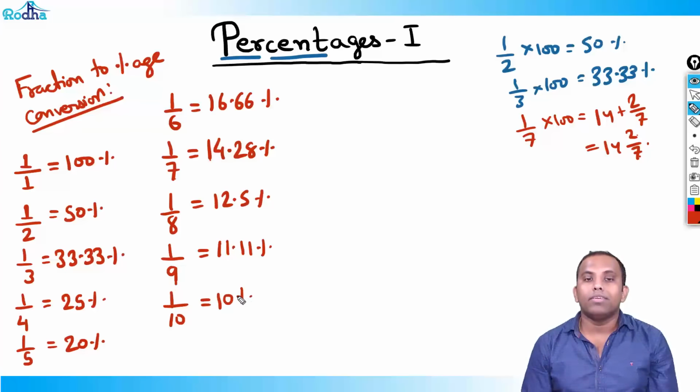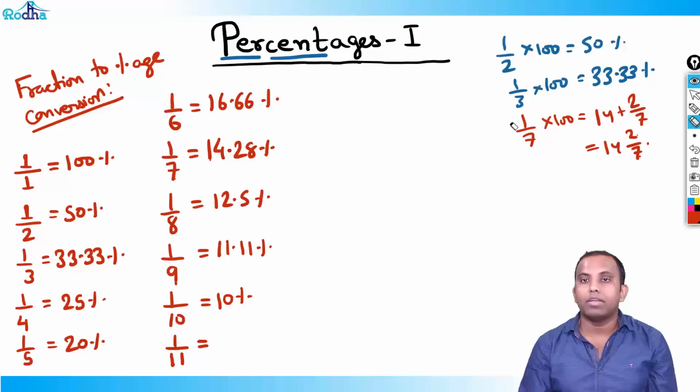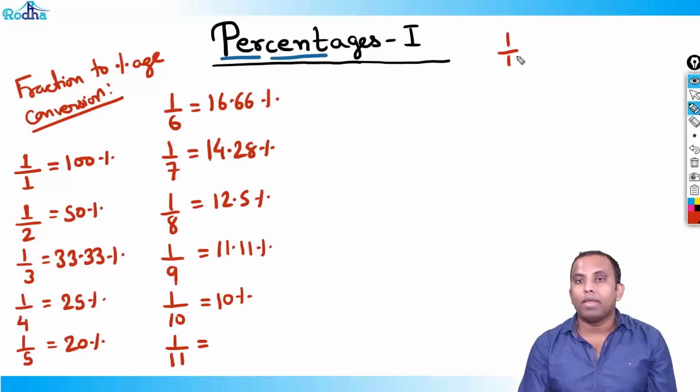1 by 10 multiplied by 100 is 10%. 1 by 11. Now again, you solve like this: 1 by 11 into 100. Let me write here. Each step is so important, to make your calculation fast. 11 9s are 99, so 9 plus 1 by 11 is left.